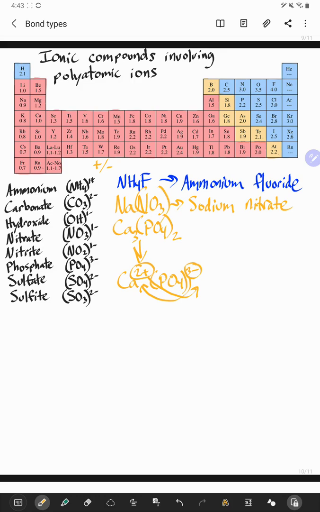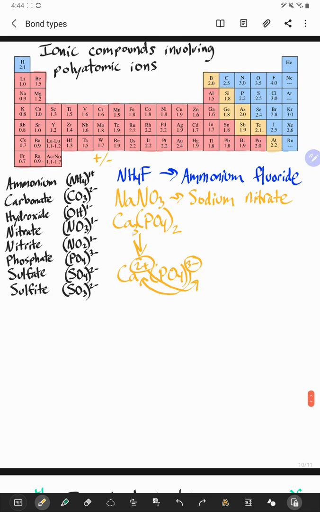Notice how I don't have parentheses written on that one. You could just always write the parentheses, and that's fine. But typically, if there's only one of a polyatomic ion, most people don't write the parentheses. So since we have more than one PO4, we're just going to leave the parentheses and write the 2 outside of the PO4. That tells us that we have 2 PO4s, and this 3 represents that we have 3 calciums.